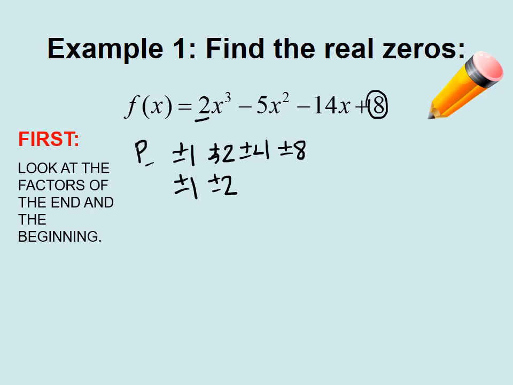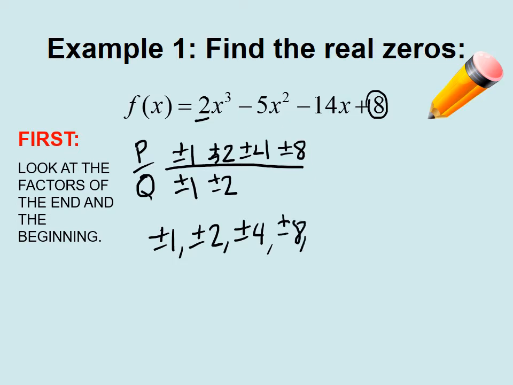Now notice I said P over Q earlier, which means I may have some fraction combinations that occur out of these zeros as well. If I put each of these P factors over 1, I end up with themselves. So plus and minus 1, plus and minus 2, plus and minus 4, and plus and minus 8.